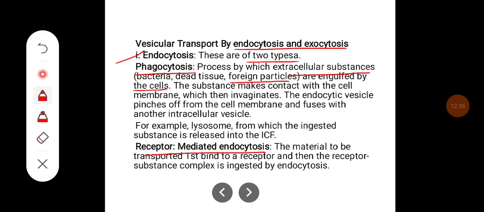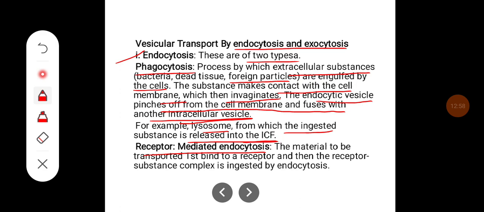The substance makes contact with the cell membrane, which then invaginates. The endocytic vesicle pinches off from the cell membrane and fuses with another intracellular vesicle like lysosome, from which the ingested substance is released into the intracellular fluid.